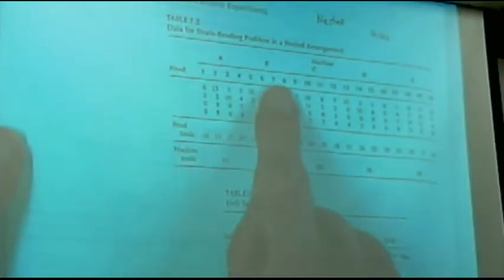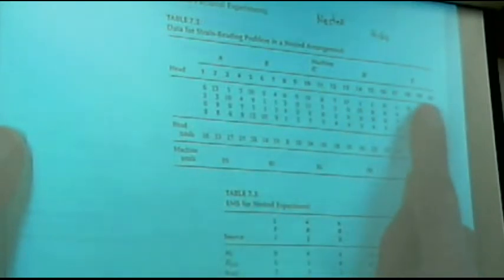And then there's head, 1, 2, 3, 4, 5, 6, up to 20. So there must be 4 heads in each machine that can be used. And then in each of those machine head combinations, we've apparently got 4 observations that you see in these columns down here below. So here's a data set where we have 2 factors, machine and head.